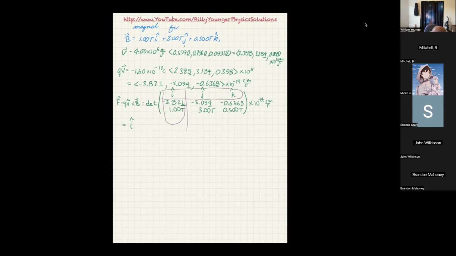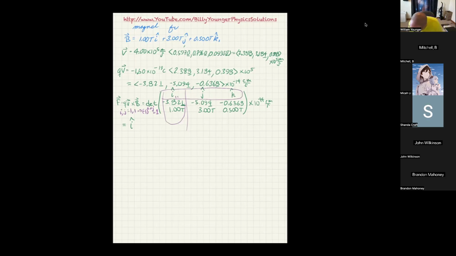The i hat is in the first row and first column, so i, j equals 1, 1, which means negative 1 to the i plus j is just equal to 1.